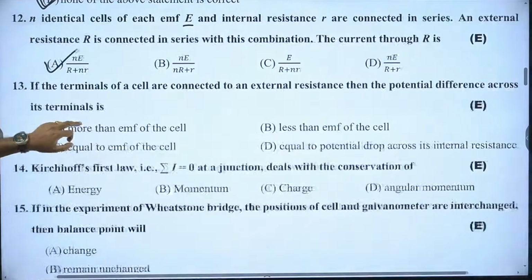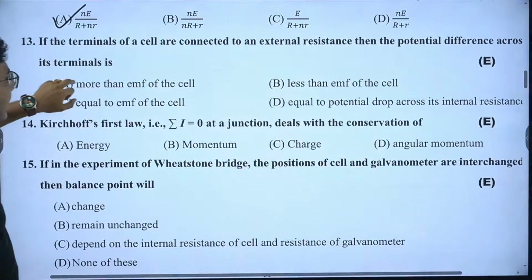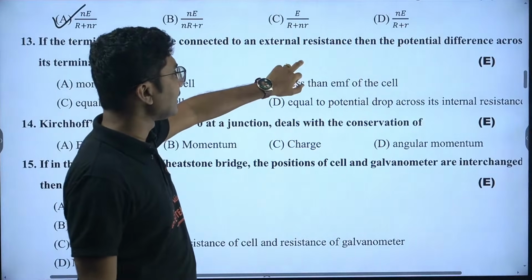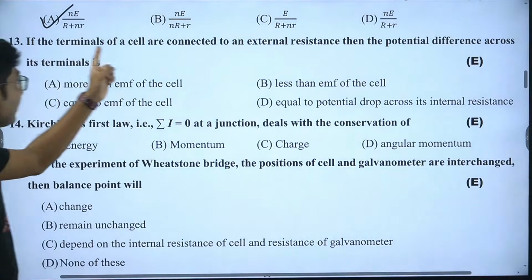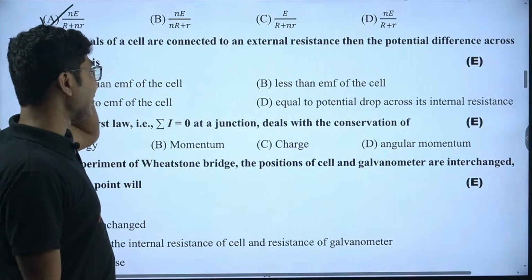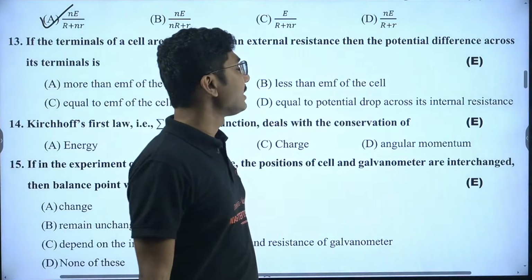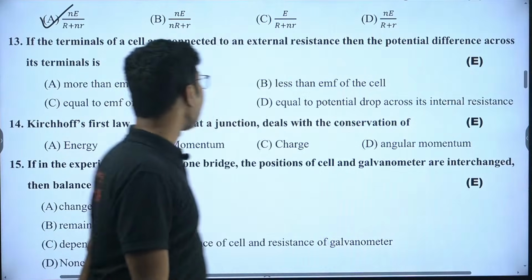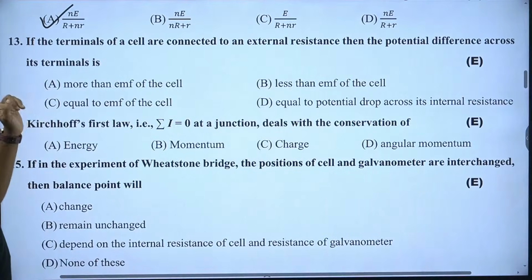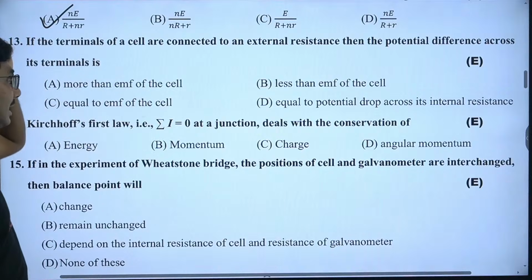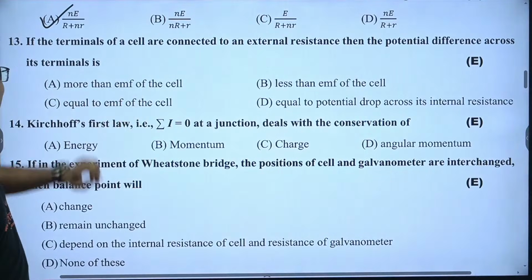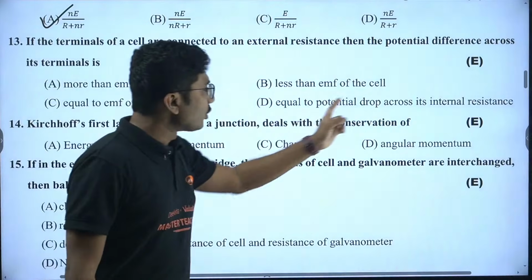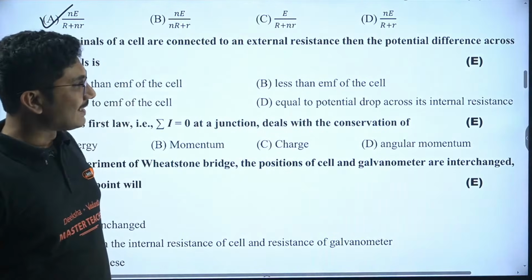If the terminals of a cell are connected to an external resistance, then the potential difference across its terminals is: more than the EMF of the cell, less than the EMF of the cell, equal to the EMF of the cell, equal to the potential drop across its internal resistance.